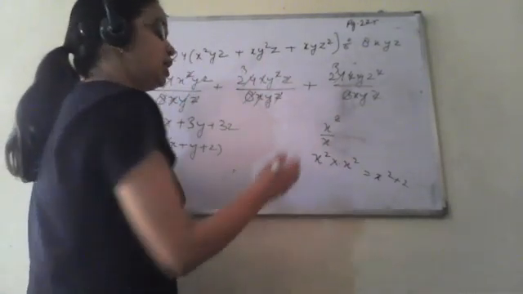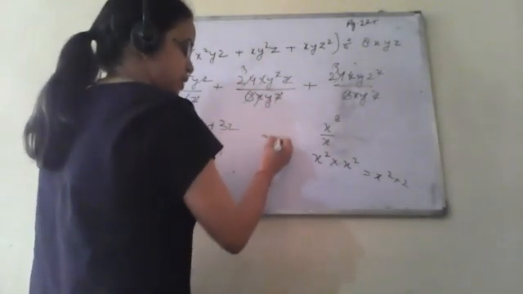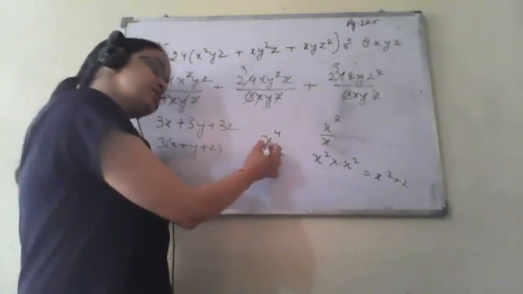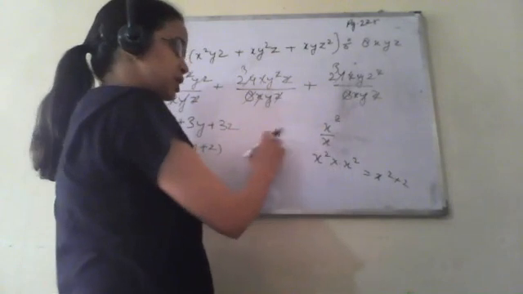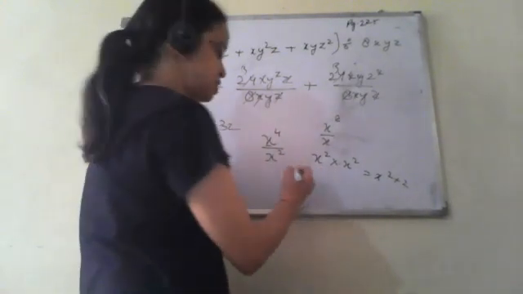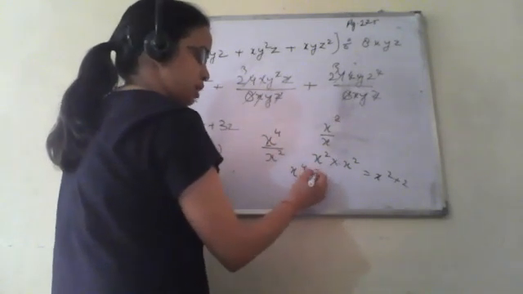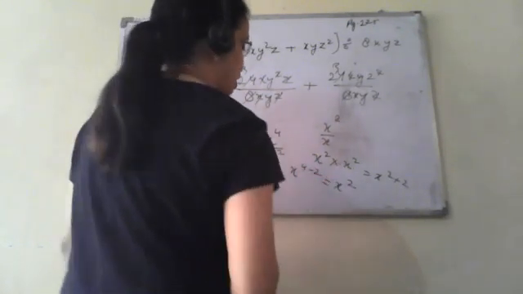In case of division, suppose I am dividing x raised to power 4 by x raised to power 2. Bases are still the same, but instead of multiplication, they are in division. So what happens? Their power gets subtracted. This will become x raised to power 4 minus 2, so the answer will be x square.